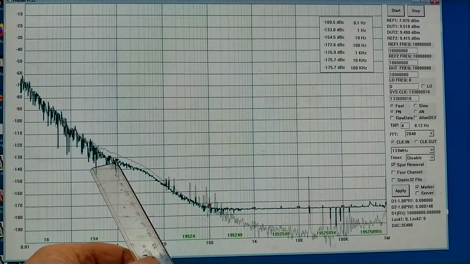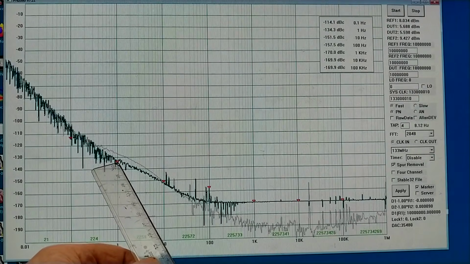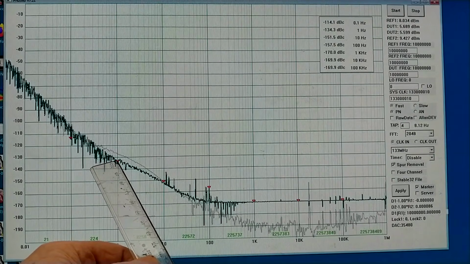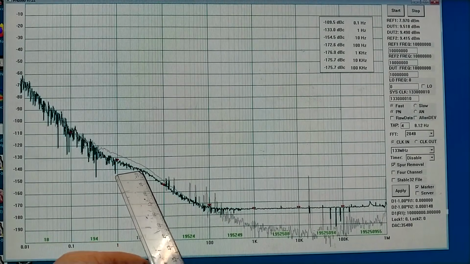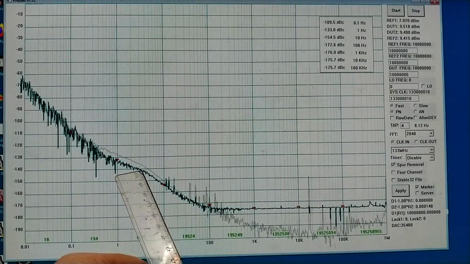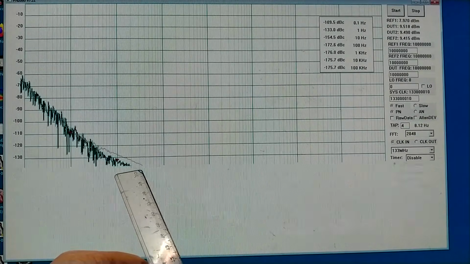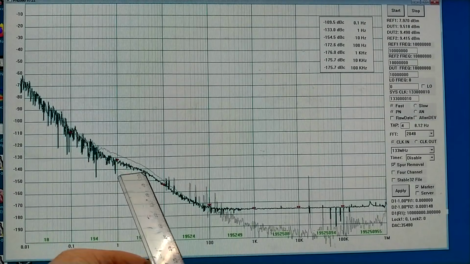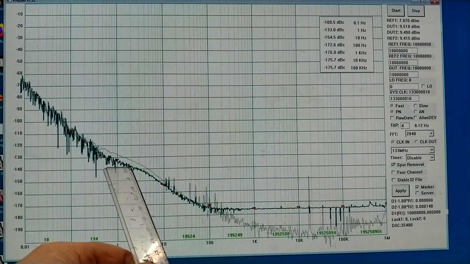And here at 1 Hertz, more interesting, the difference is very small. Here the difference is not really very large, but we can see the shape of the curve is a little bit different.